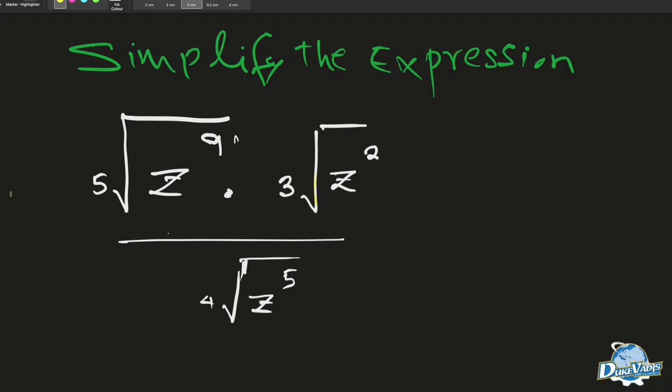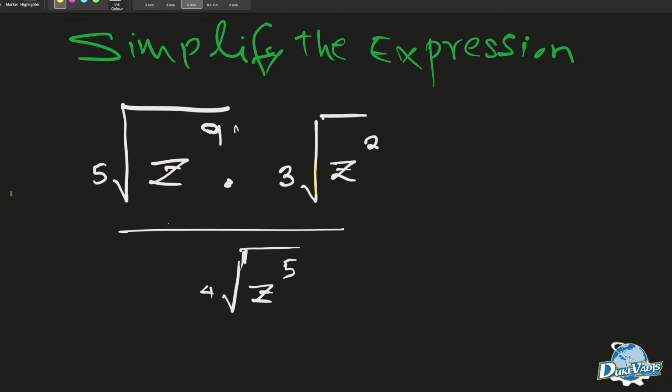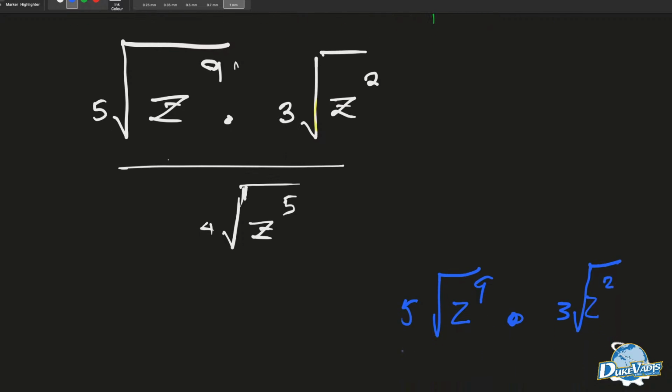Now, we have the fifth root of z raised to the power 9 multiplying a cube root of z raised to the power 2, all divided by the fourth root of z raised to the power 5.